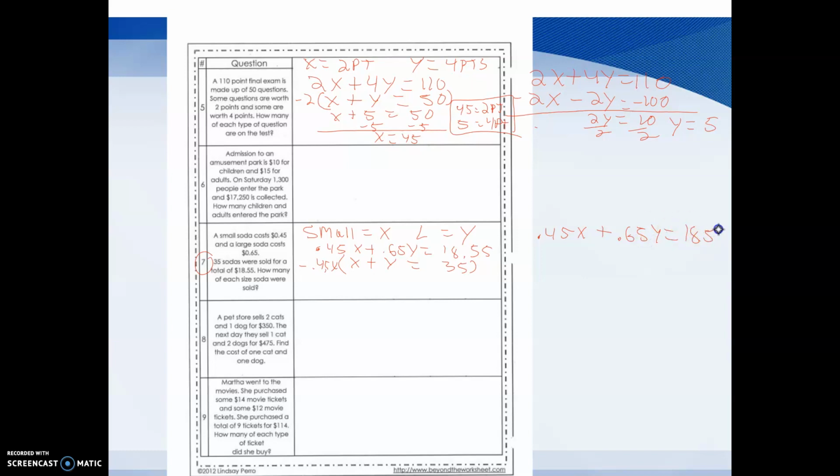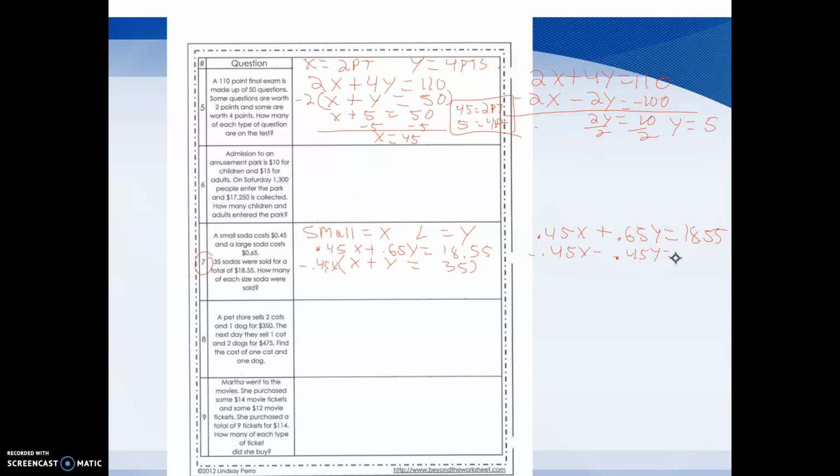So that's going to stay the same. The bottom one is the one I'm going to multiply by negative 45 to cancel out the small sodas, right? So that's going to be minus 0.45y.